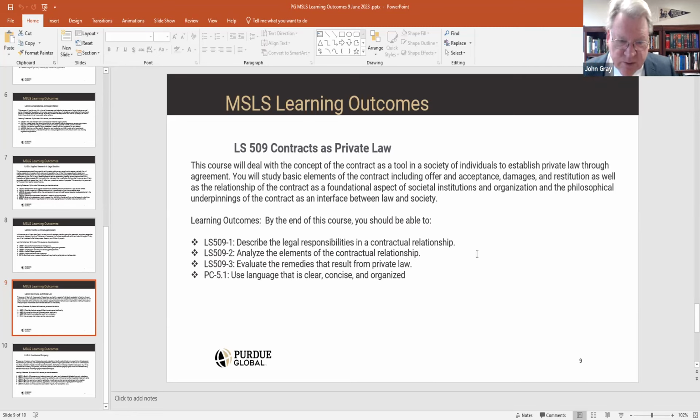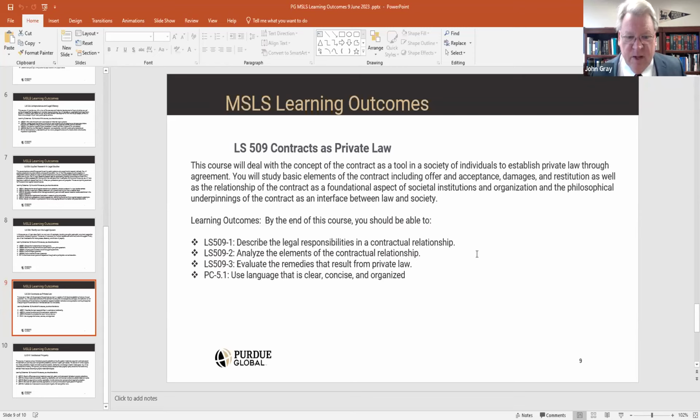So at the end of this course, you should be able to describe the legal responsibilities in a contractual relationship, analyze the elements of the contractual relationship, look at the remedies available. That means when somebody breaches the contract, what can you do? And there are many different things that can be done depending on the type of contract it is and the circumstances. We'll evaluate remedies here as well.